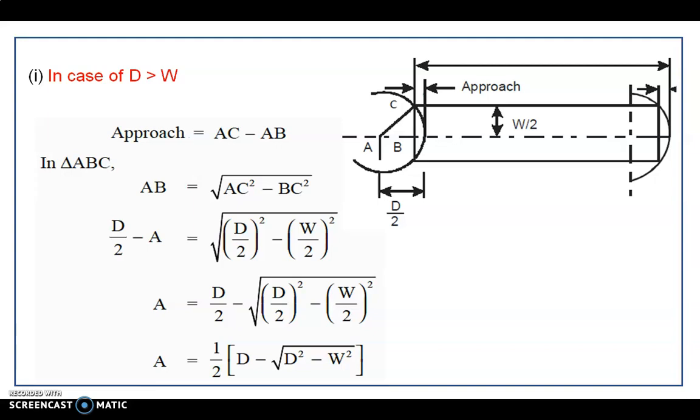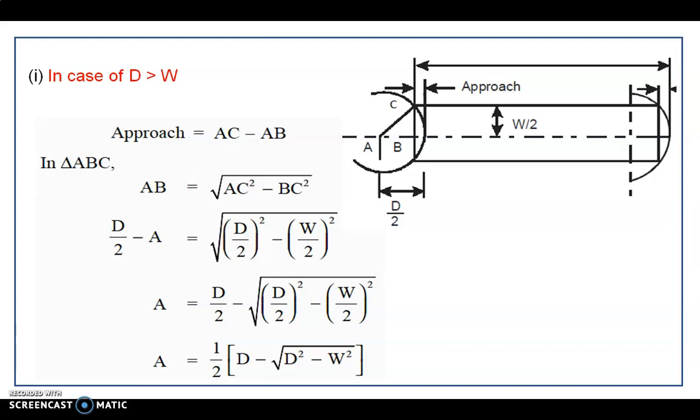In each case, the approach distance will vary. We will see case 1 where the diameter is greater than W, D is greater than W. From the triangle ABC, the approach is nothing but AC minus AB. AC here is the radius or diameter by 2.